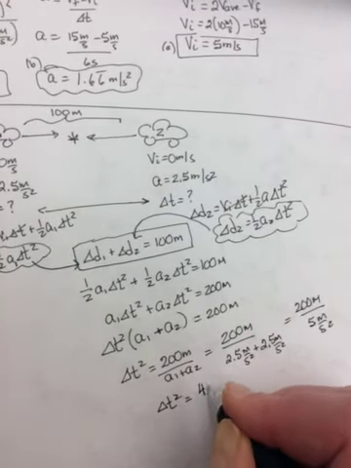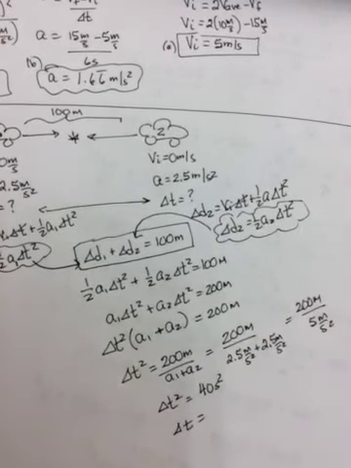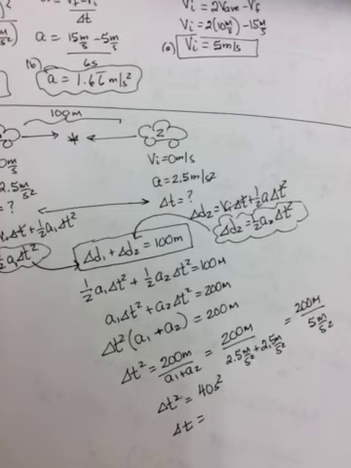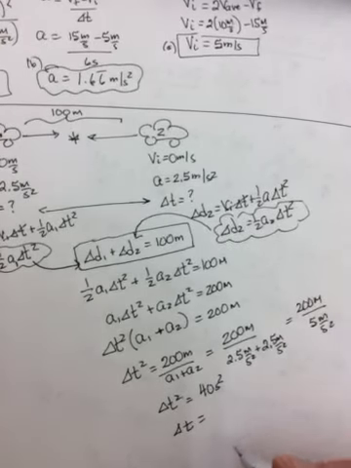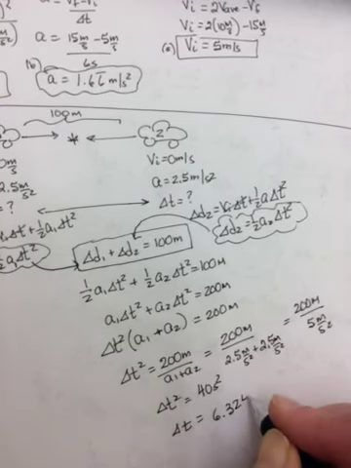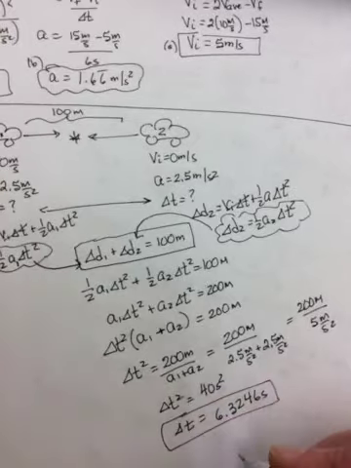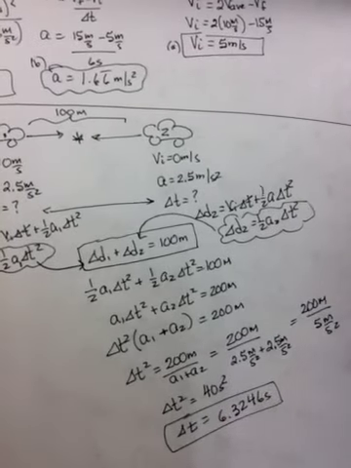So then you have to take the square root, and you get delta T equals 6.3246 seconds. Way more decimals than we have significant digits.